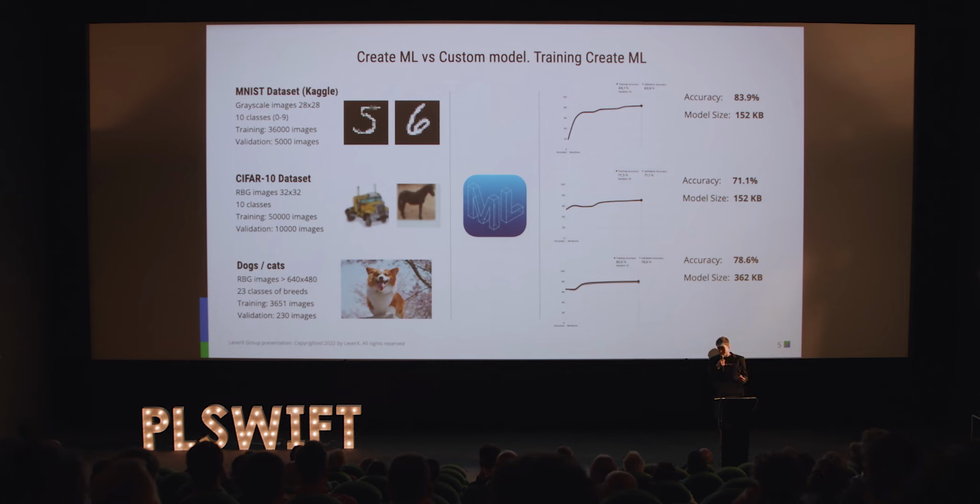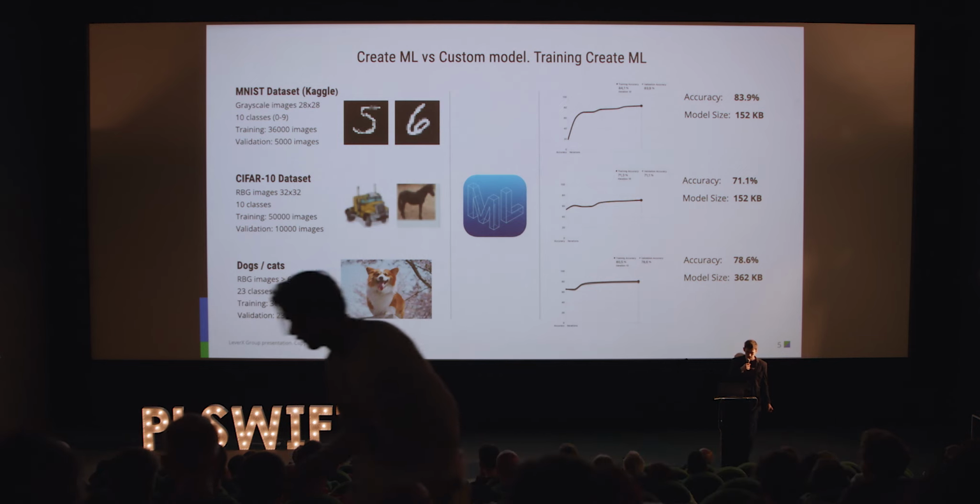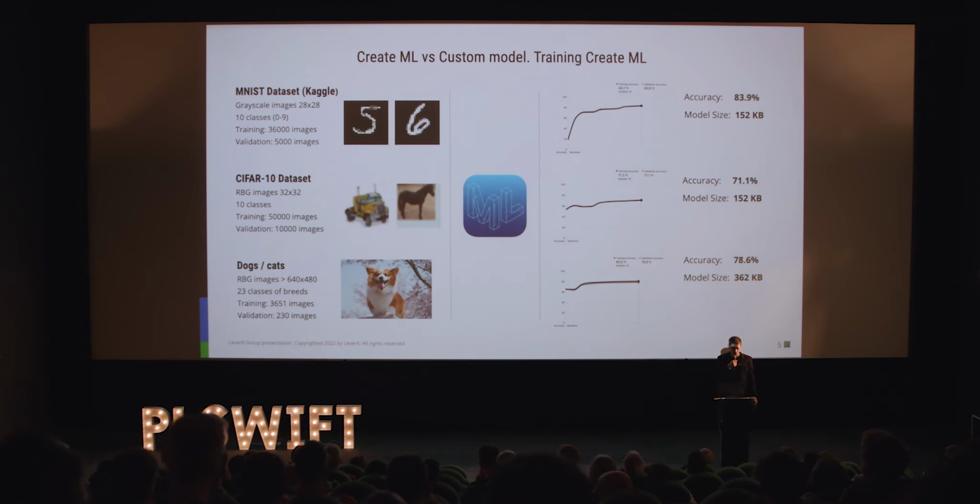Again, it's a really small data set in terms of image size, 32 by 32. The size of the whole data set is the same as MNIST's, which is really big: multiple thousands of images, 50,000 for training and 10,000 for validation.